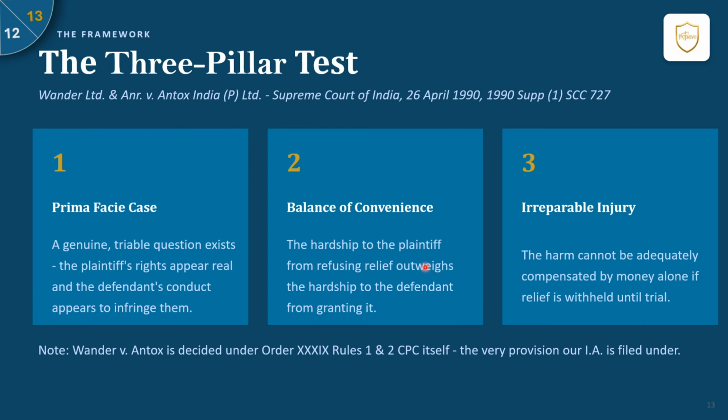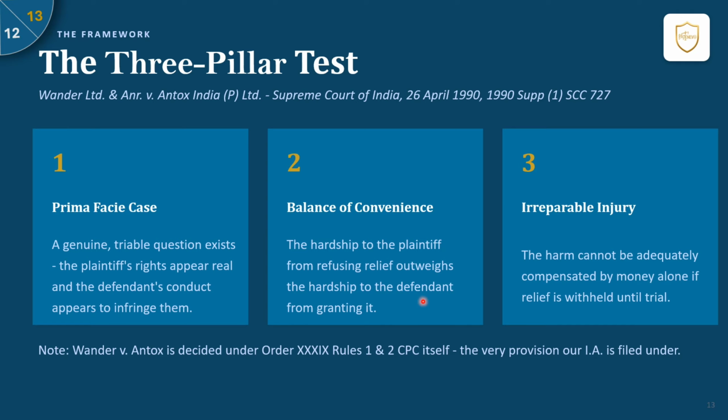Pillar 2 is the balance of convenience: if I refuse relief, who will suffer more, the plaintiff or the defendant? And pillar 3 is irreparable injury: the court has to think whether money alone can fix this later.